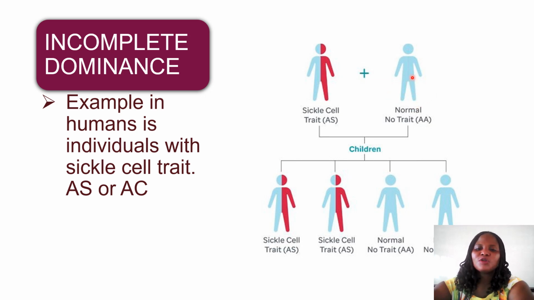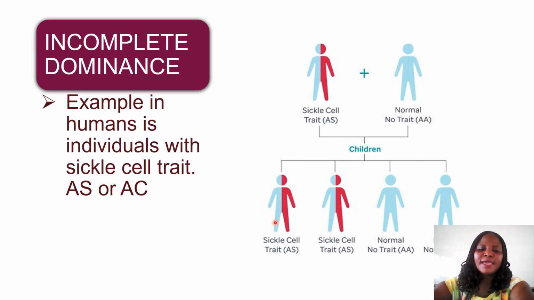That means this parent is not suffering from sickle cell. Now, of their offspring, two are going to be carriers of the sickle cell, that is the AS and then the AS. Then two of the offspring are also going to be normal children.